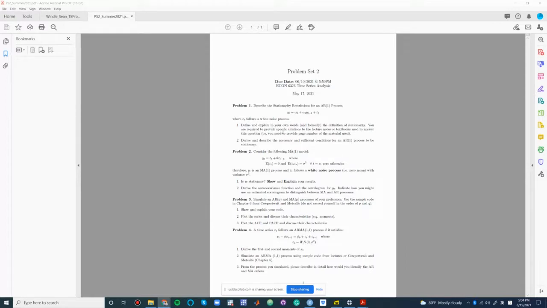You are required to provide a specific citation to lecture notes or text you used for the answer to this question. All right, so I will just go over the basic definition of stationarity, weak stationarity, and strict stationarity. The second part is to derive and describe the necessary and sufficient condition for the AR1 process to be stationary. Okay, so let's do it.